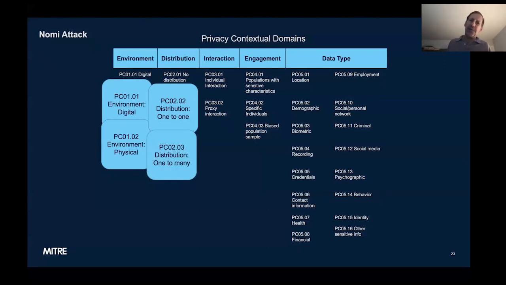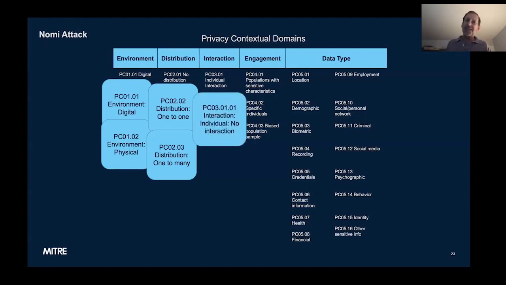But it was also one to many because Nomi also informed retailers of when any of their customers were frequenting other locations in the same chain of stores. So we have both one-to-one and one-to-many in terms of distribution.